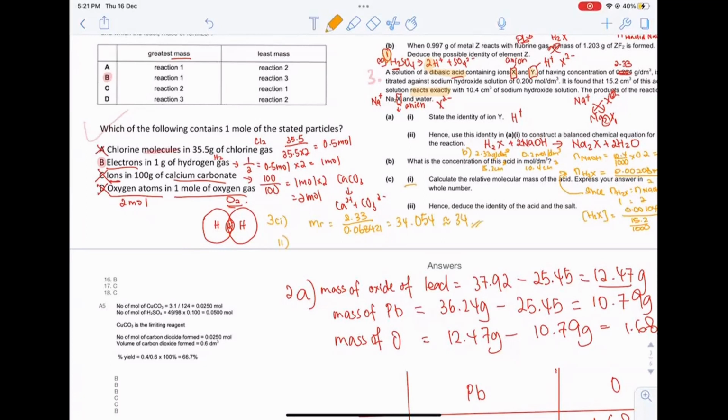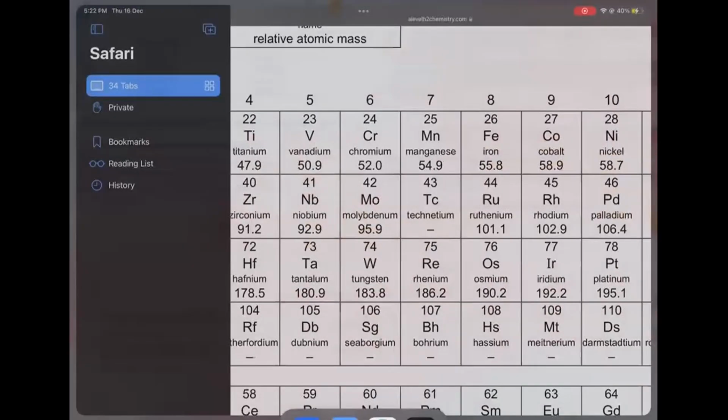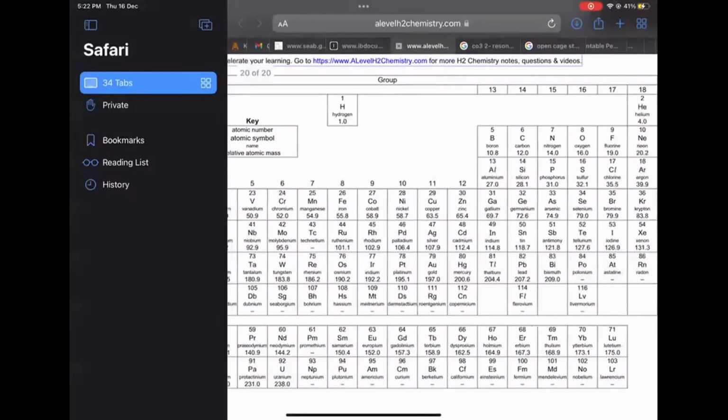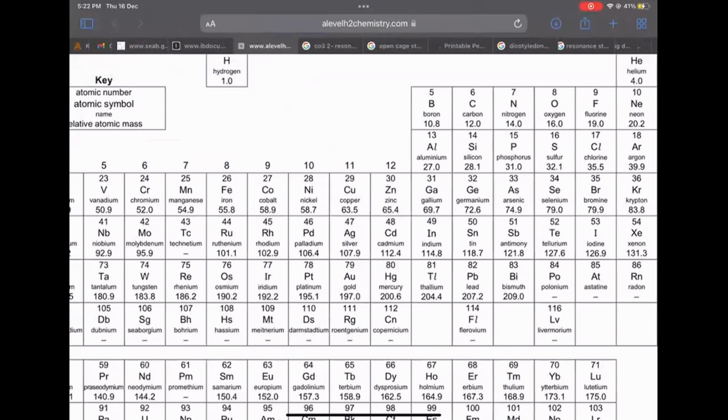And then C part 2. Hence, deduce the identity of the acid and the salt. So you see, it is H2X, right? So the AR of X, because it's an element, will be 34 minus 2, because there are 2 hydrogens, so that'll be 32. So let's go to the periodic table and figure out which one has 32. The one that's closest to 32 will be sulfur.